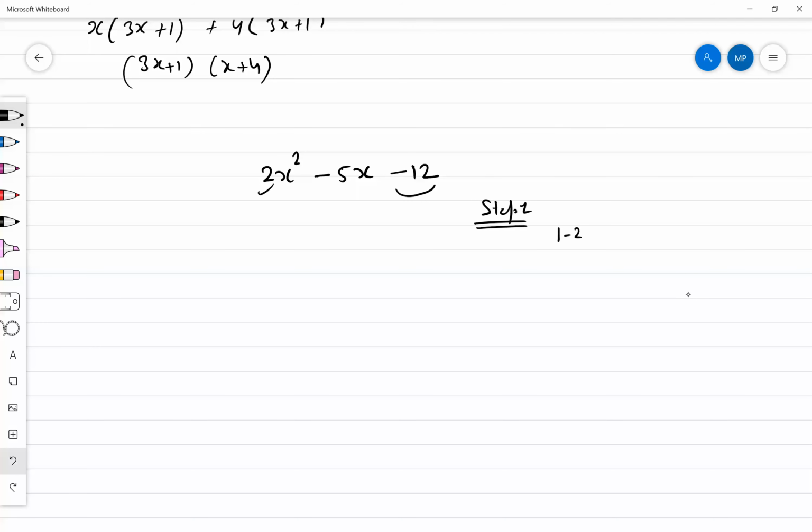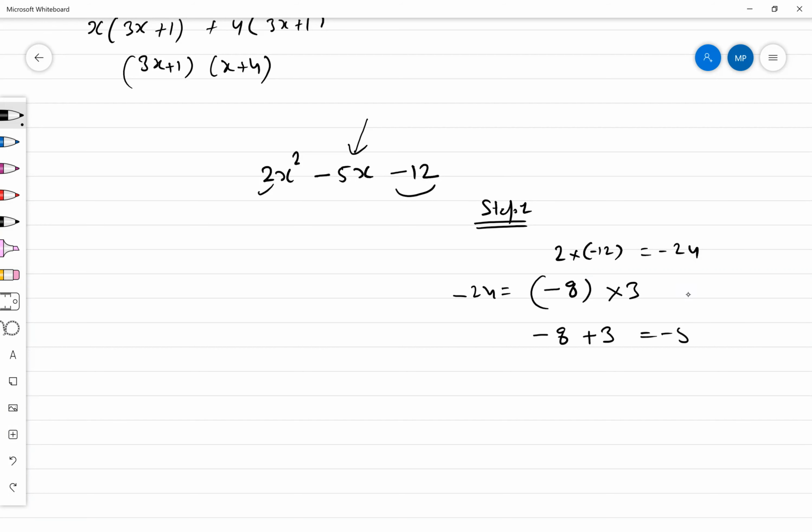So multiplication of constant term and coefficient of x square. Okay, wait a minute. 2 into minus 12 is minus 24. Now here the middle term is negative, so the negative factor has to be larger. Minus 24 can be written as minus 8 into 3. And if I add minus 8 plus 3, I get minus 5.